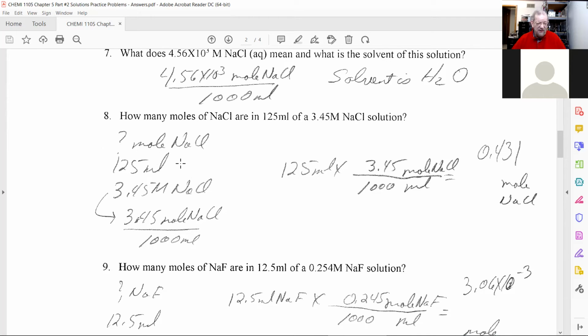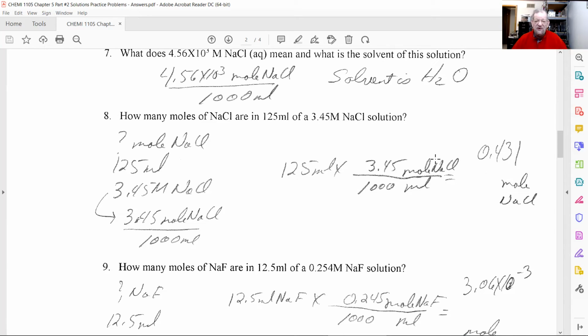Well, the only real number we can start with is 125 milliliters. Now, what are we trying to get to? Moles of sodium chloride. Whatever I'm trying to get to goes on top of the ratio. Why?